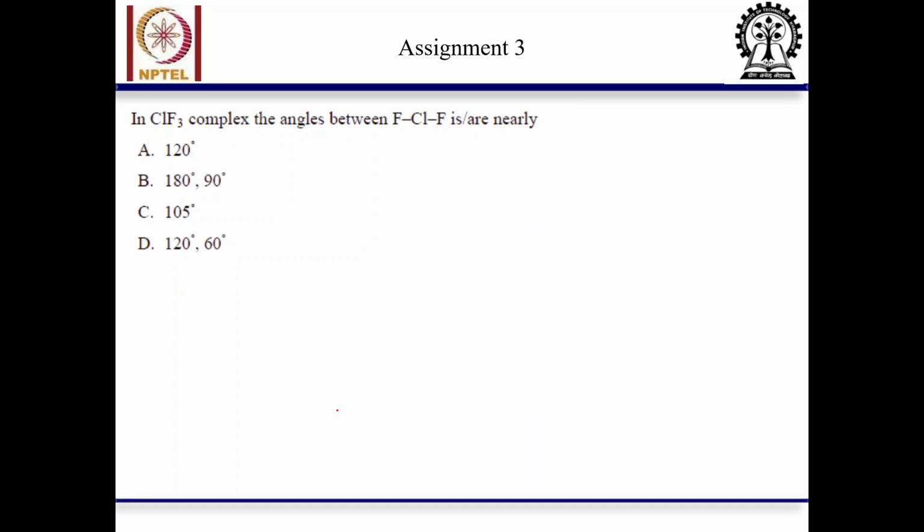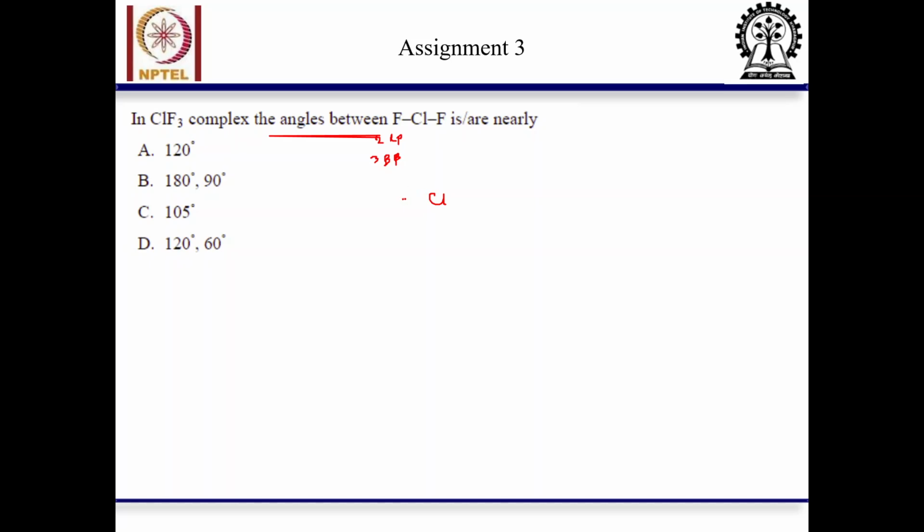Yeah. So how? See, I will just tell you one rule. Okay. So you have to consider the number of bonds and lone pairs. Cl has two lone pairs and three bonding pairs. So it will be trigonal bipyramid.